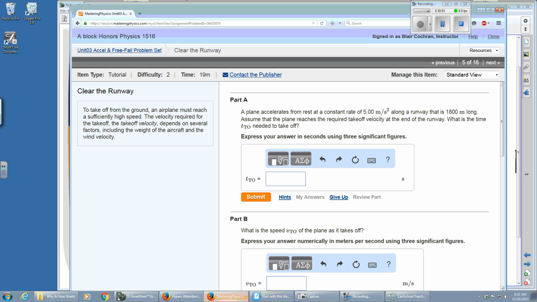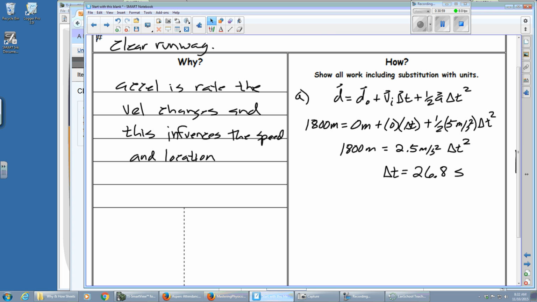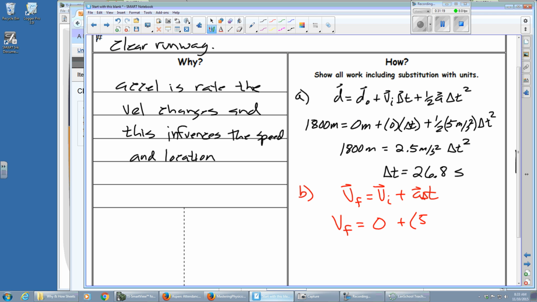Part B, what is the speed of the plane as it takes off? And so for B, I'm going to use v_final = v_initial + aΔt, excuse me. I'm looking for v_final. v_initial is 0. 5 meters per second squared.